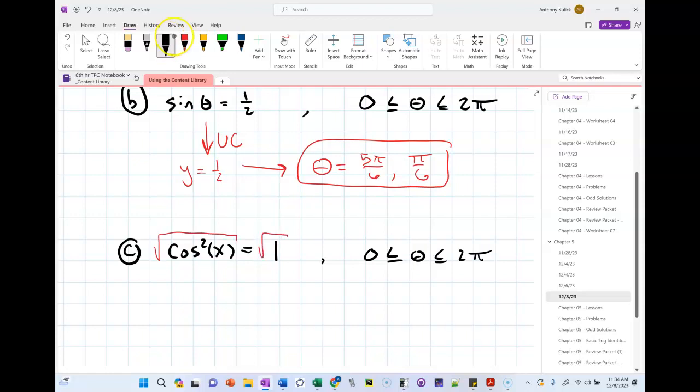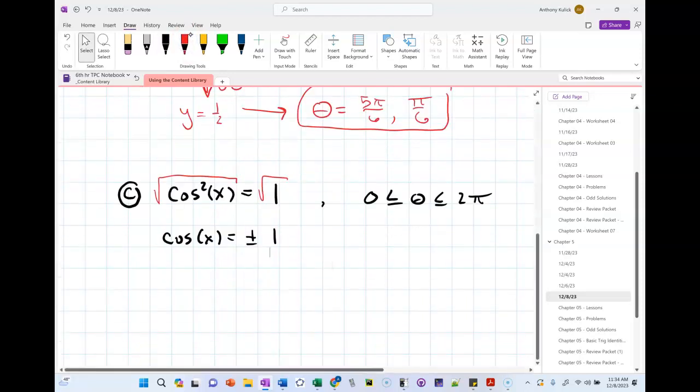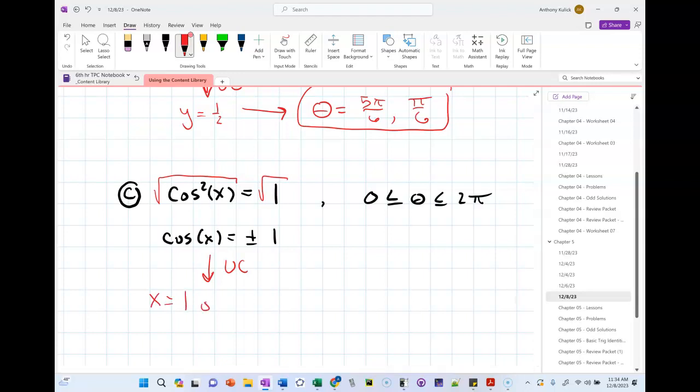Now when we square root both sides of an equation, what do we have to remember? A plus or minus. So now, when I go to my unit circle, I'm going to be looking for where x is equal to 1 and also where x is equal to -1. So go look on your unit circle and find the places where x is 1 or -1.